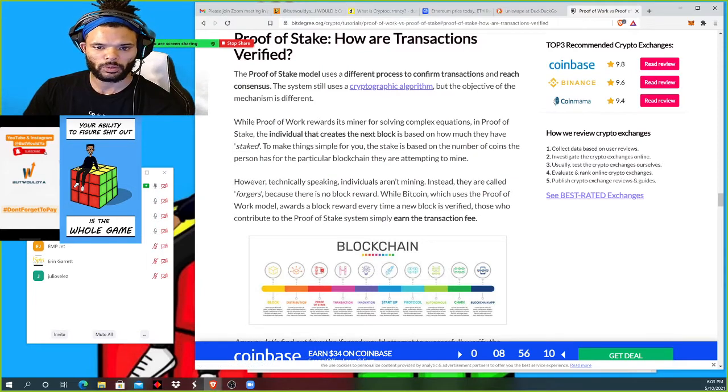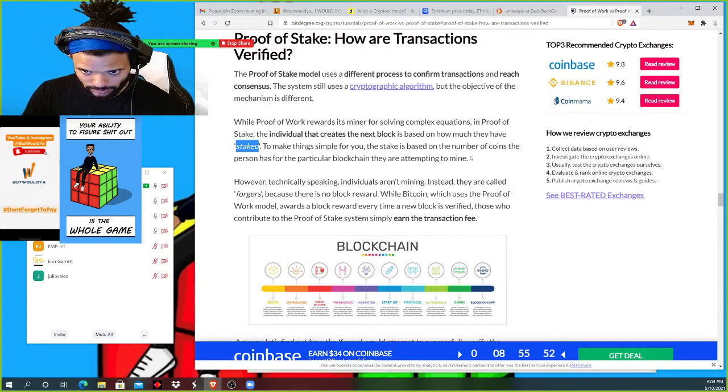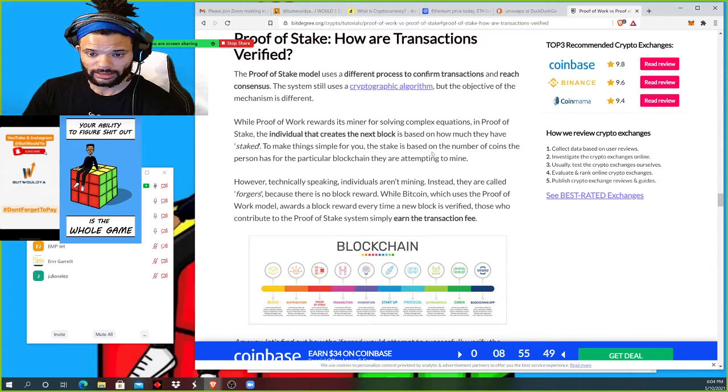While proof of work rewards its miners for solving complex equations, in proof of stake, the individual that creates the next block is based on how much they have staked. To make things simple, the stake is based on the number of coins the person has for the particular blockchain they are attempting to mine.